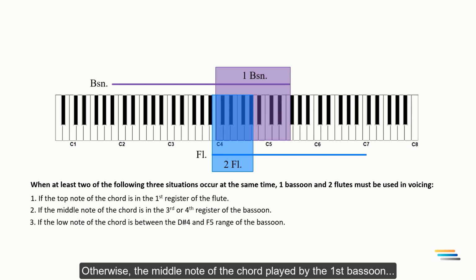Otherwise, the middle note of the chord played by the first bassoon will dominate over the flute's soft sound due to its penetrating quality.